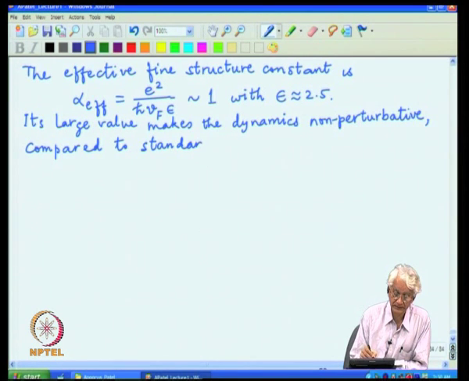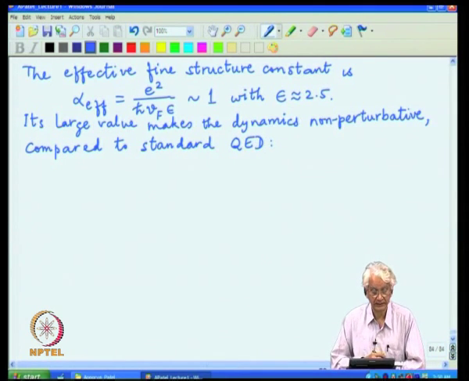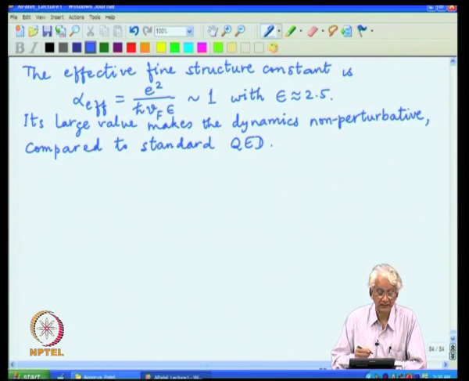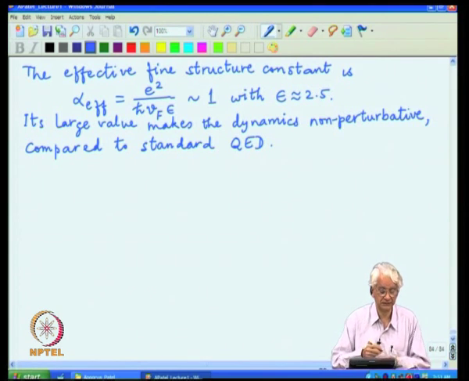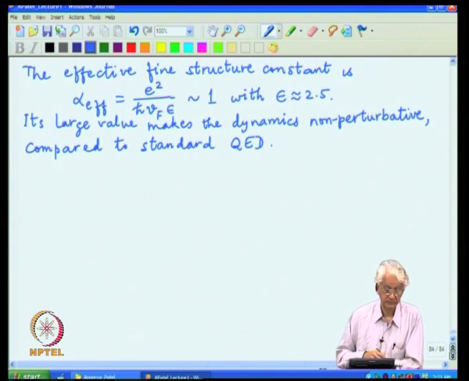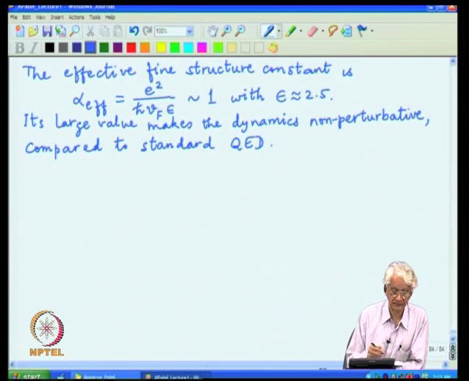The standard QED, as we study most of the time in high energy physics, is perturbative. So, we have to do calculations keeping this large coupling constant in mind, and now I will list some of the well known consequences which follow from this structure of the Hamiltonian, as well as the quite different values of the effective parameters like speed of light and the fine structure constant.